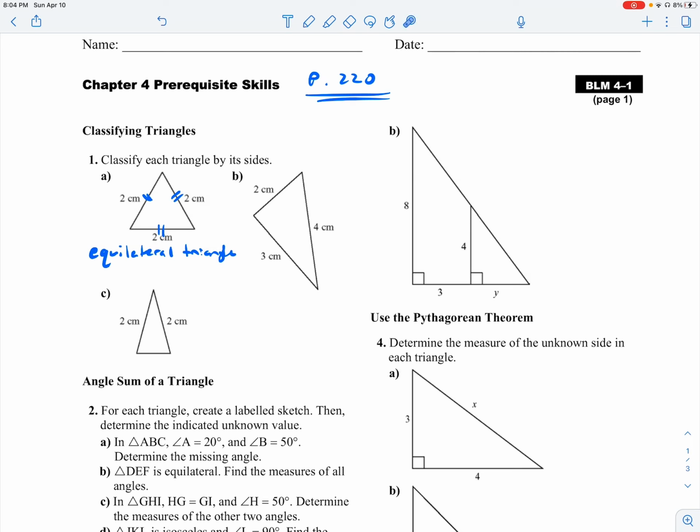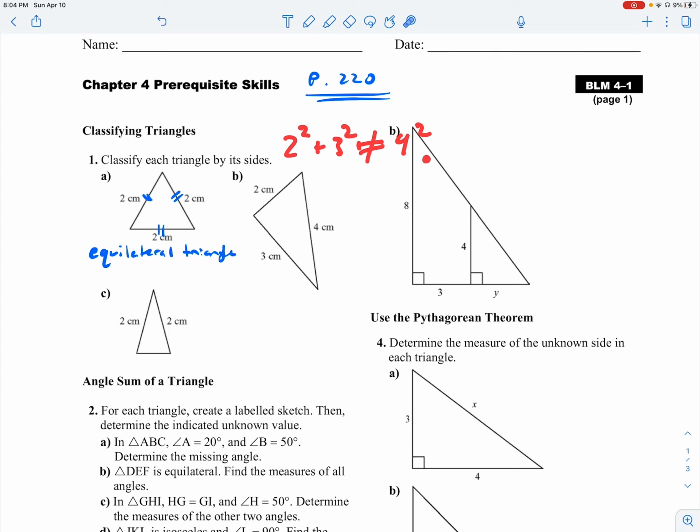Okay, the second one, B. It looks like that might be 90 there, but it actually looks a little bit too big. I think it's greater than 90. I'm just going to pay attention to the side lengths. We've got 2, 3, and 4. I know that's not a Pythagorean triple. What I mean by that is 2 squared plus 3 squared is not equal to 4 squared.